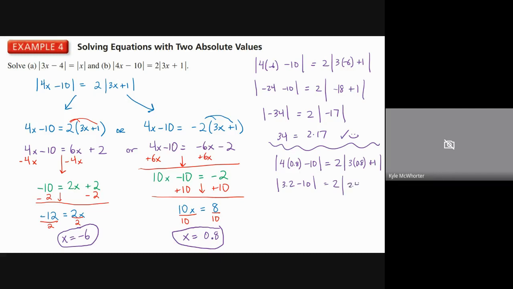So this is 2.4 plus 1. 3.2 minus 10, that's going to be negative 6.8. 2.4 plus 1 is 3.4. Absolute value of negative 6.8 is 6.8. That is going to be equal to 2 times 3.4. So that one works out too. So both solutions work.